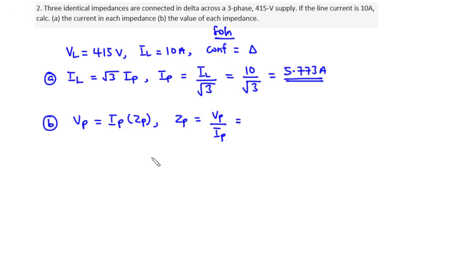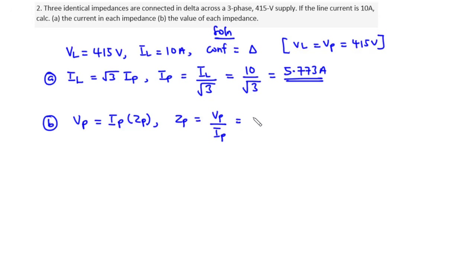Now we have the voltage per phase. Because we have a delta network, the line voltage is equal to the phase voltage, and that is equal to 415 volts.